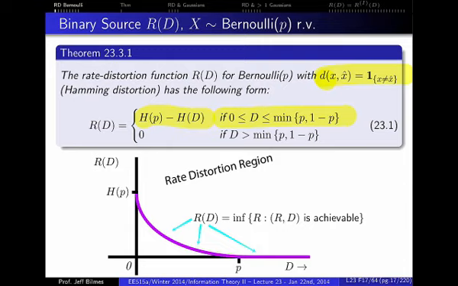Meaning that at the point that the distortion is equal to p, I don't have to compress at all. I can just do something random or arbitrary, and I will already achieve a distortion of p or bigger. All I need to do is achieve a distortion of p.